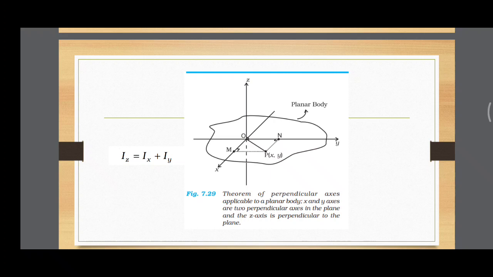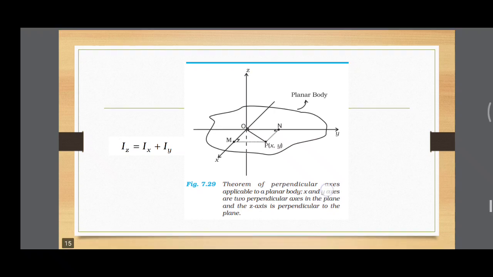Here the Z, X and Y axes are perpendicular to each other, and the X and Y axes are lying in the plane of the body. So the moment of inertia along the Z axis is equal to the moment of inertia along the X axis plus the moment of inertia along the Y axis.